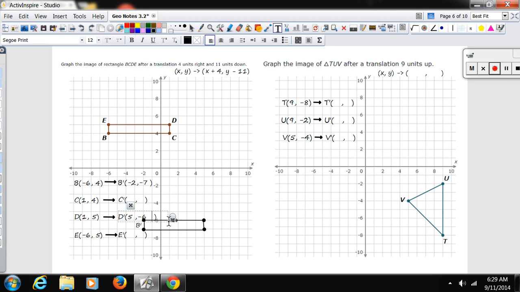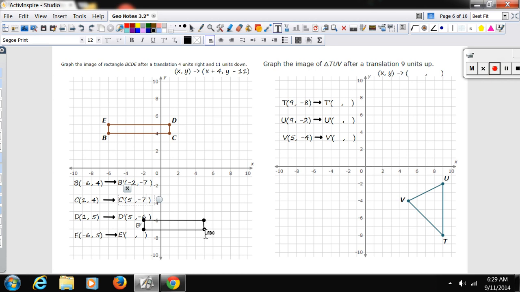So that does work there as well. So 5, negative 6, C prime. If you add 4, you're going to get a 5. And you subtract 11, you're going to get negative 7. So that's 5, negative 7.